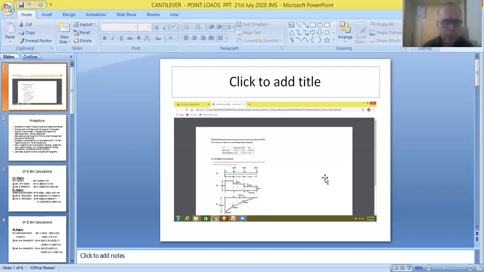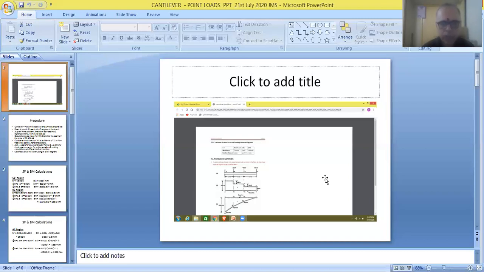For preparing these diagrams, we have to make the calculations of shear forces and bending moments, and using these values, we have to prepare the diagrams. Firstly, we prepare the shear force diagram, and finally we construct and indicate the bending moment diagram.